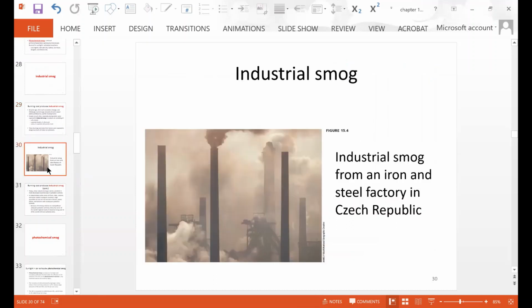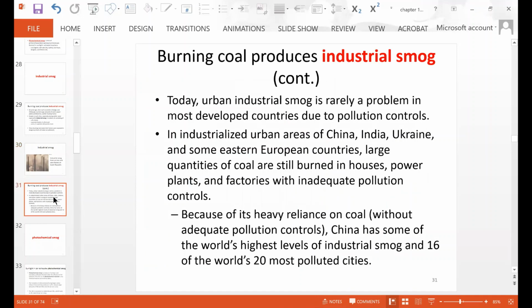This is a photo of some industrial smog related to an iron and steel factory in the Czech Republic. Today, urban industrial smog is rarely a problem in most developed countries, and that is related to pollution controls that are in place.